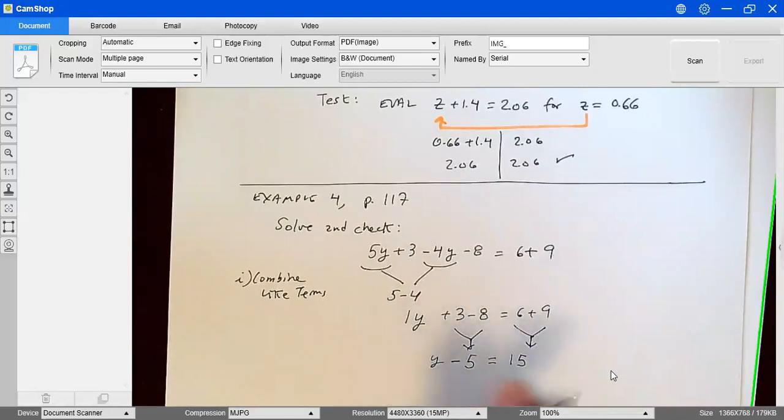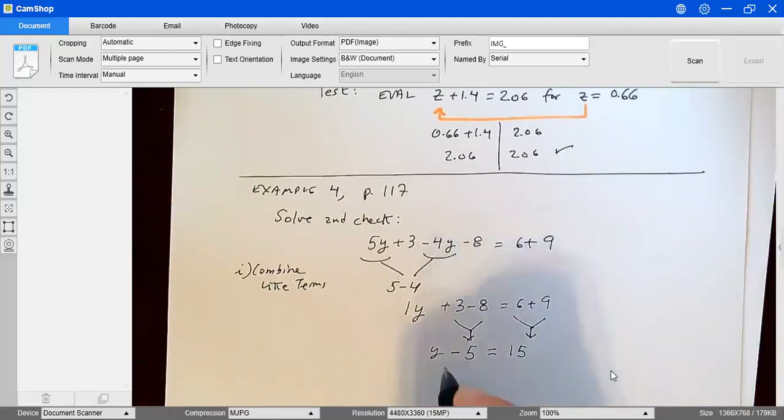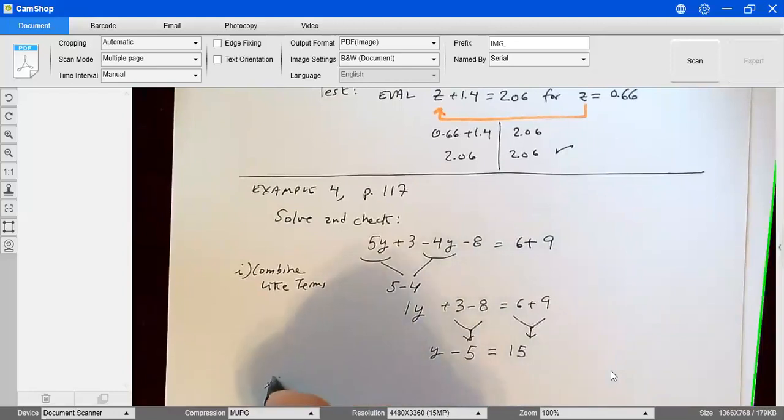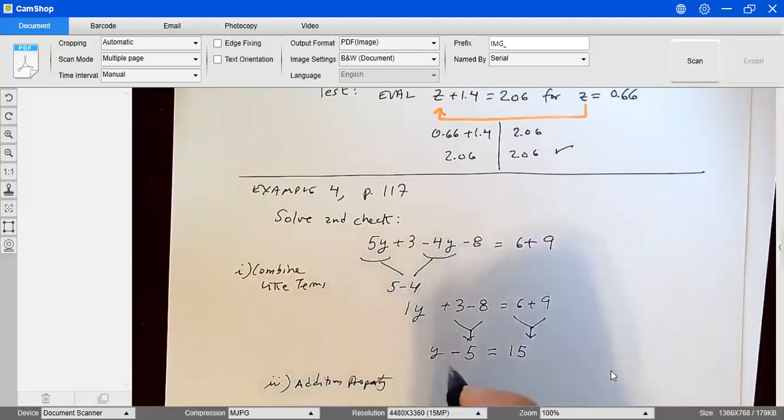This is the linear equation that we're going to solve. So then we apply the addition property, meaning that we need to isolate y. So we're going to add 5 to both sides of the equation.